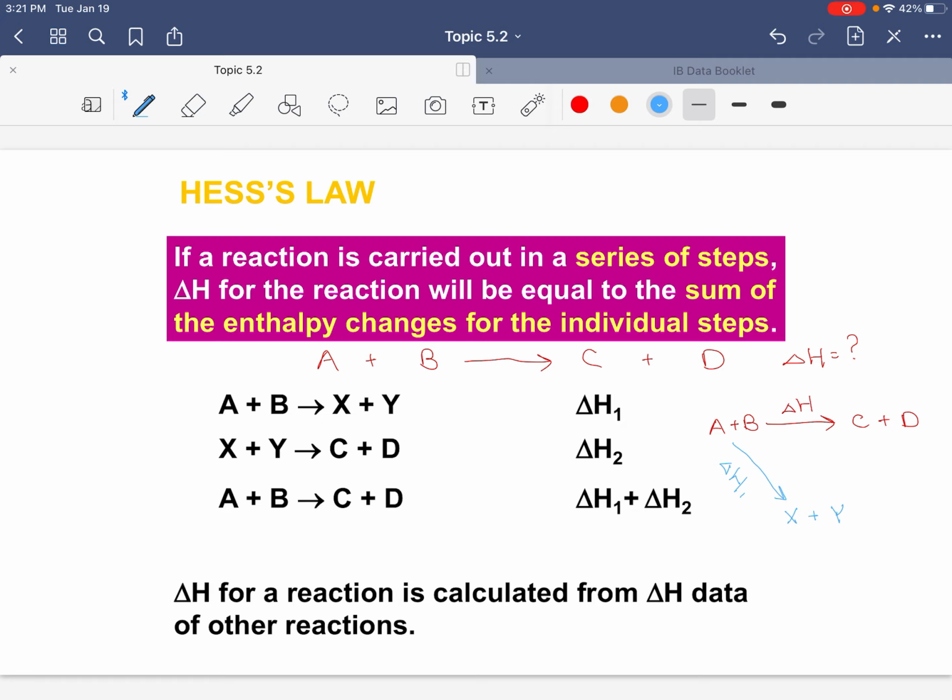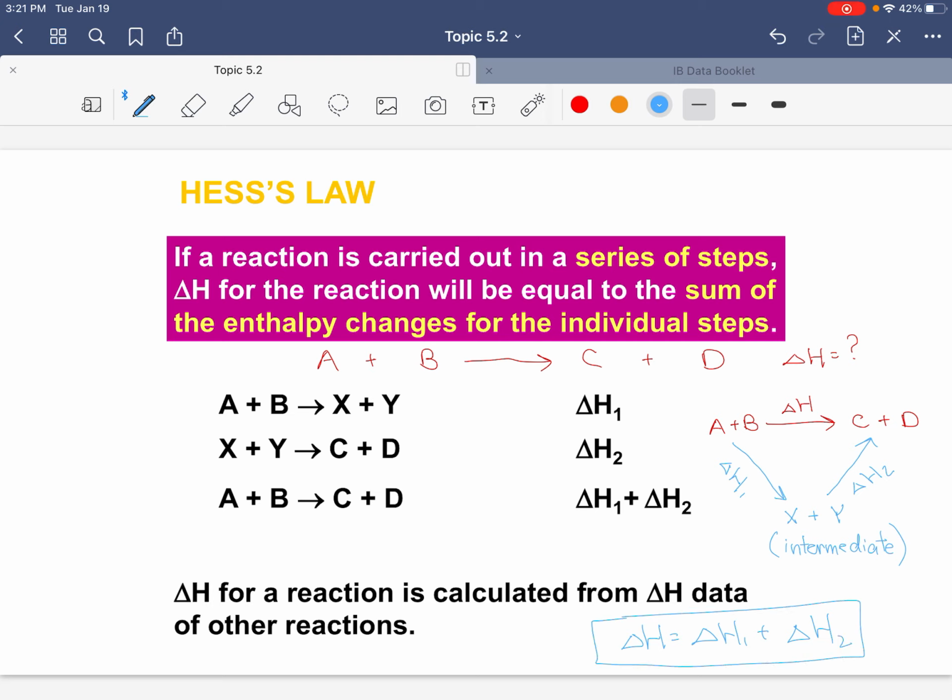Then X plus Y can go and give you C plus D, which has another change in enthalpy, delta H2. This right here, as I mentioned, is your intermediate step. Okay? Where delta H is equal to delta H1 plus delta H2.